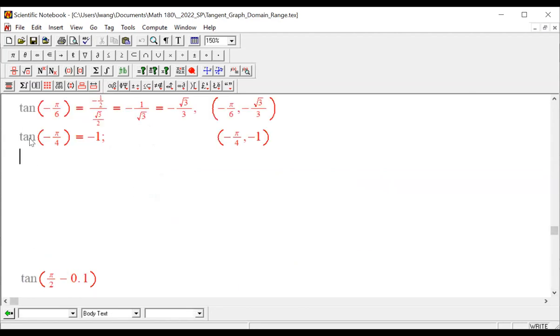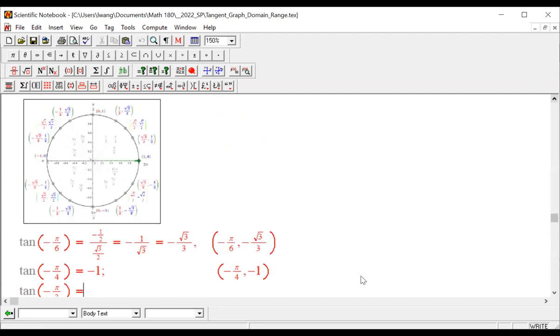So one more special value. This time it's tangent negative root 3, at negative pi over 3. And for that ratio, we're going to measure again, because I really want you to keep in mind the definition.